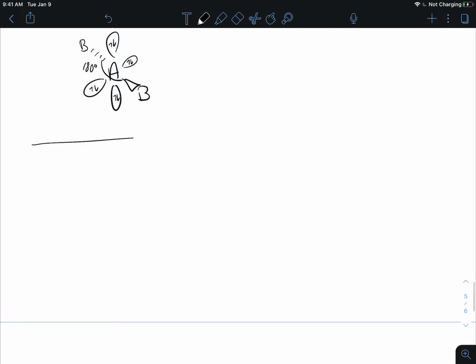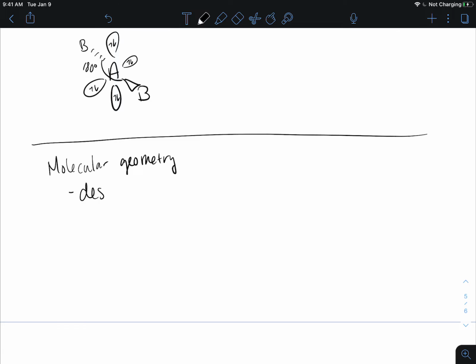So we have what's called a molecular geometry. A molecular geometry just describes the shape of the atoms within the structure. It doesn't say anything about the electron pairs, the non-bonding electrons. So molecular geometry describes the shape the atoms of the molecule make.